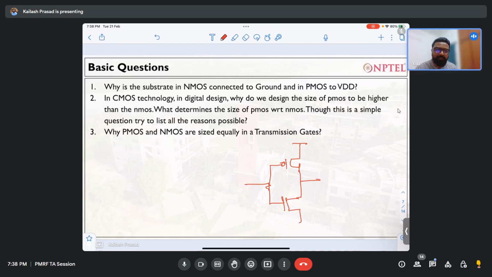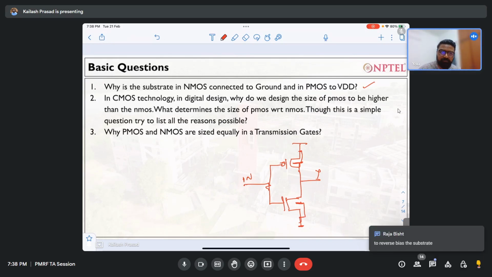It is an implicit assumption that in a digital circuit, the substrate of the PMOS is connected to VDD and the substrate of the NMOS is connected to ground. Anybody wants to answer this? Please note that this statement is extremely true in digital circuits.